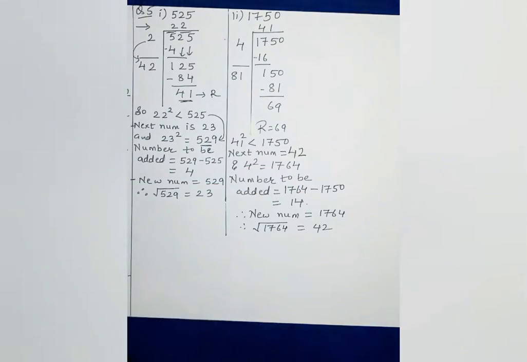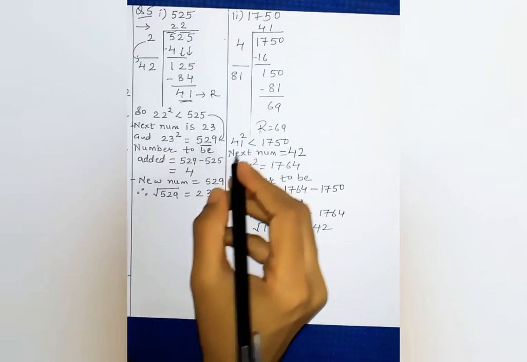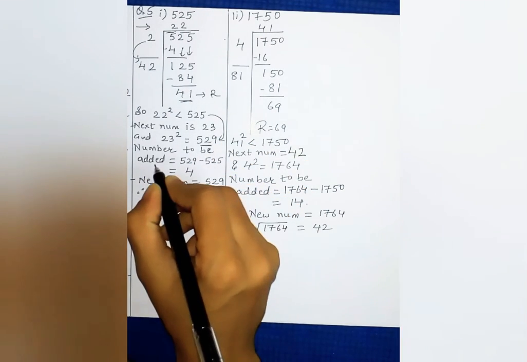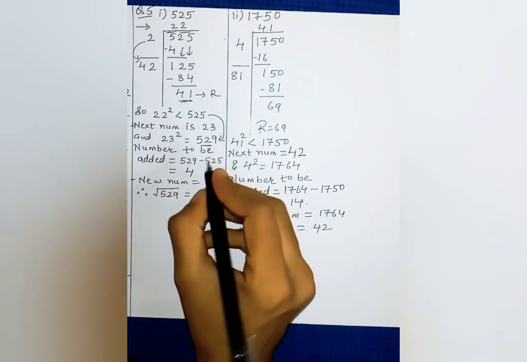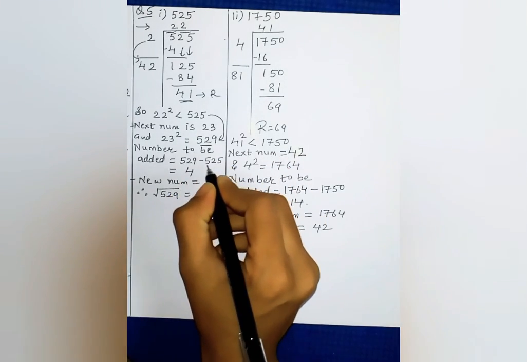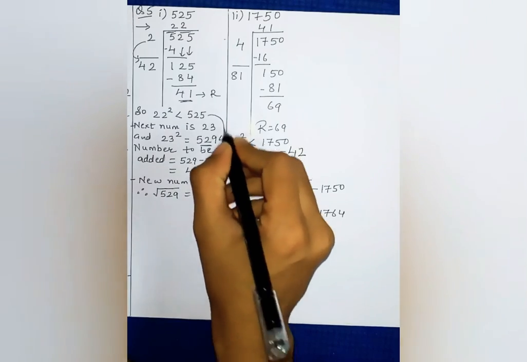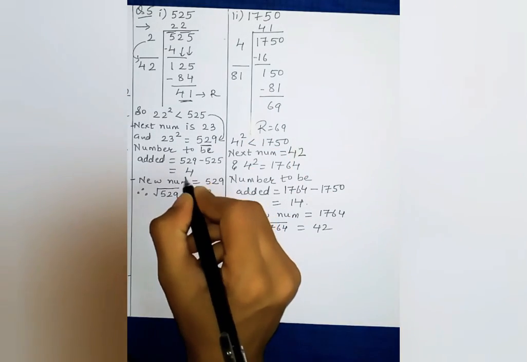Now we will subtract these two. So 529 minus 525. The number to be added is what we will get. What should be added? That number we will find out. So 529 minus 525, we subtract both, and you will get 4.